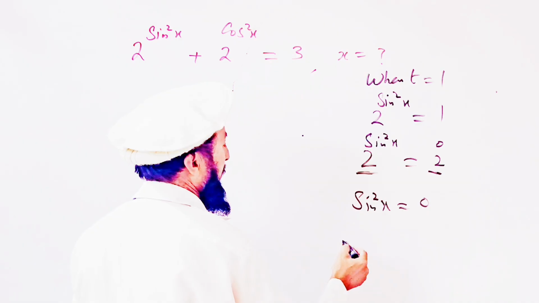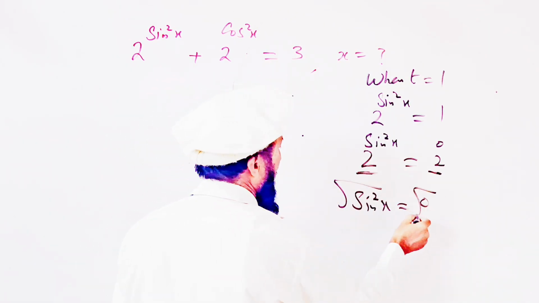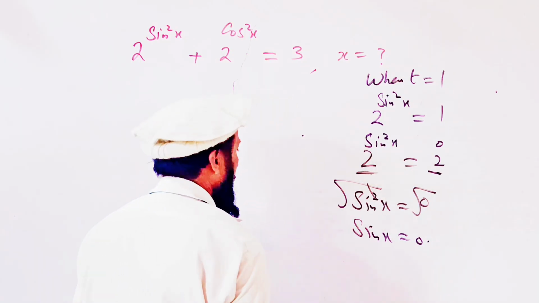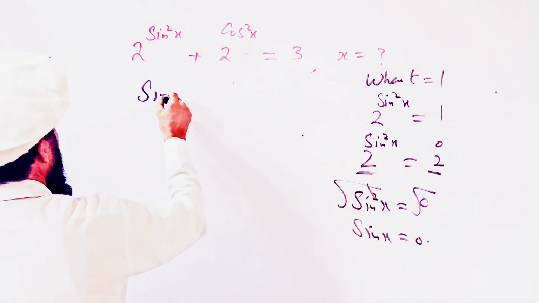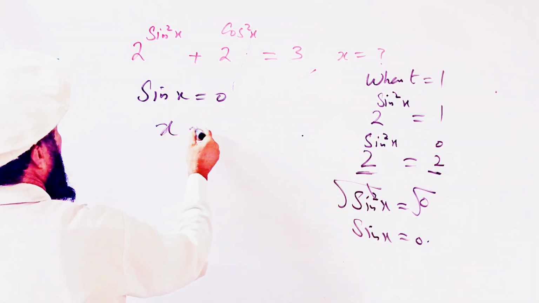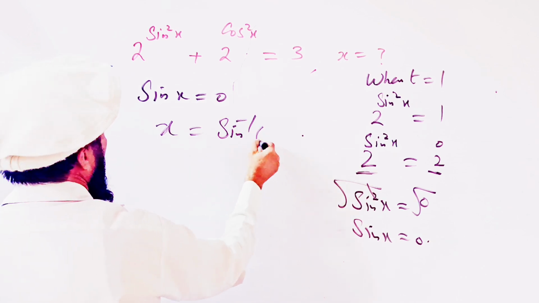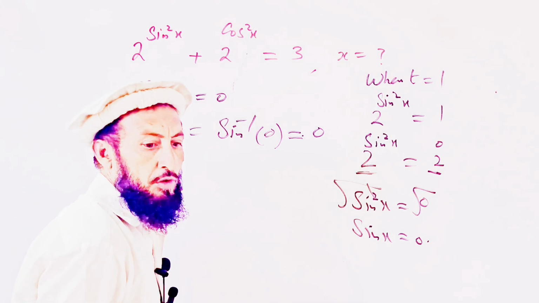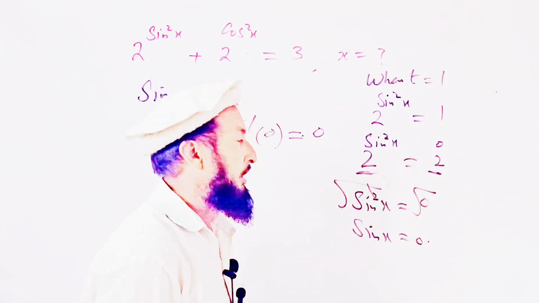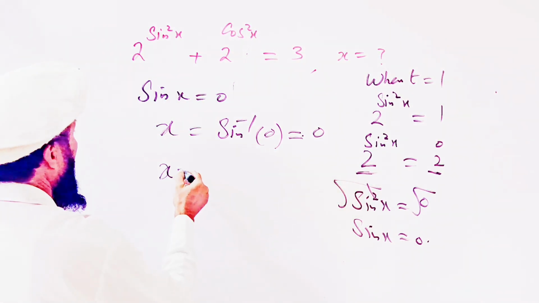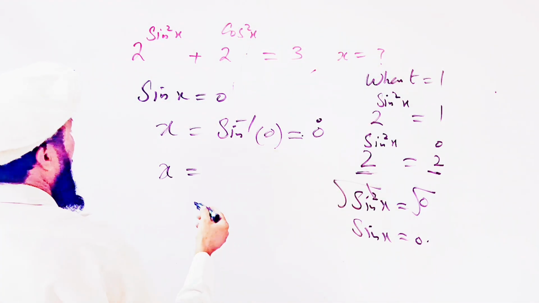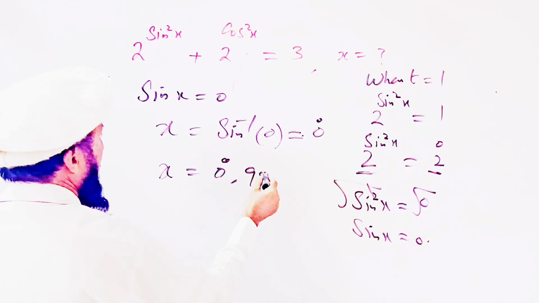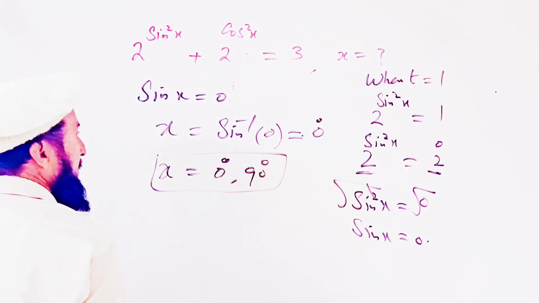Taking the square root on both sides again, sine x is equal to 0, so x is equal to sine inverse of 0, which is 0. So we have two results: x is equal to 0 degrees and 90 degrees are the solutions of this question.